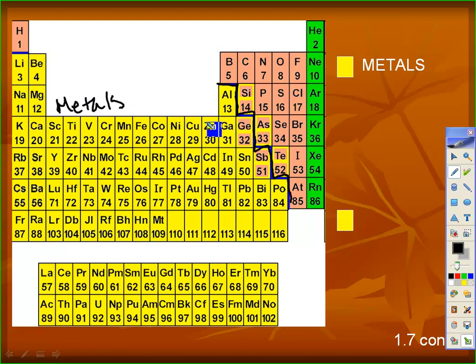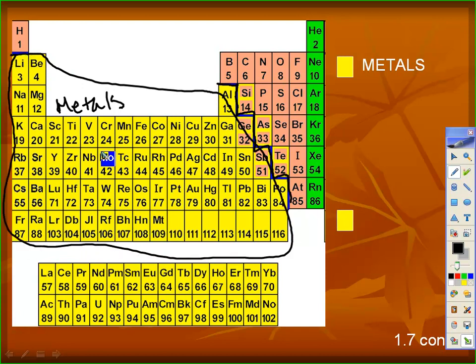Metals are on the left-hand side of the stair step, and we use the stair step a lot to break up the periodic table. So these are all metals, all of this. Not hydrogen, which makes sense because we know hydrogen's a gas. And then these two rows down here as well.